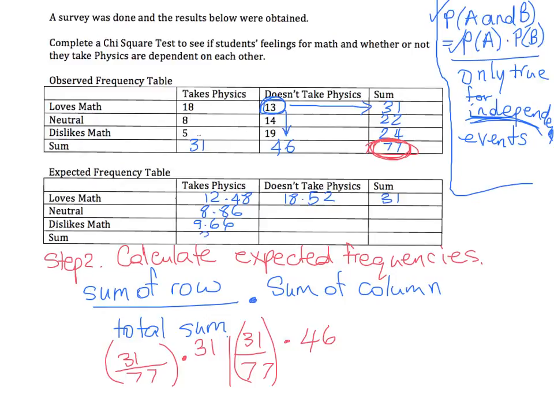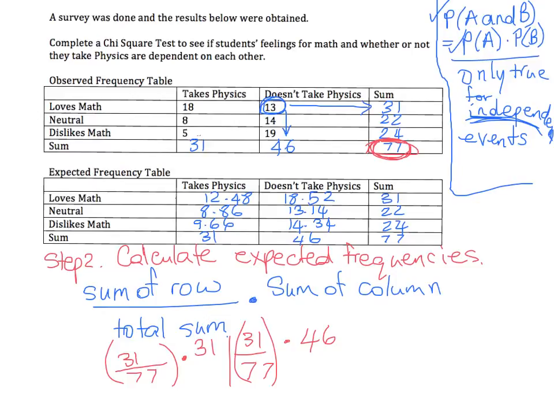Confirming the sum is actually 31, so it's correct. 13.14, 14.34, and 46 is our sum, so it's correct. All of our sums are correct. They're 22, 24, and the total sum is 77. And that is how we find our expected frequencies.